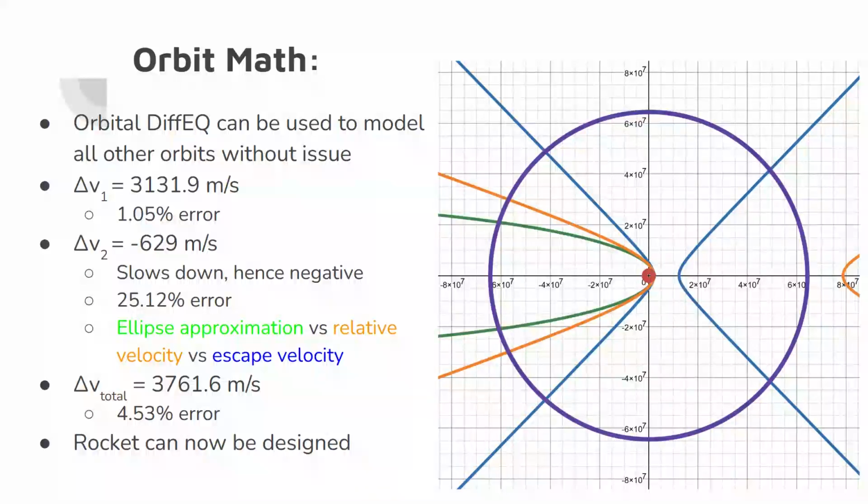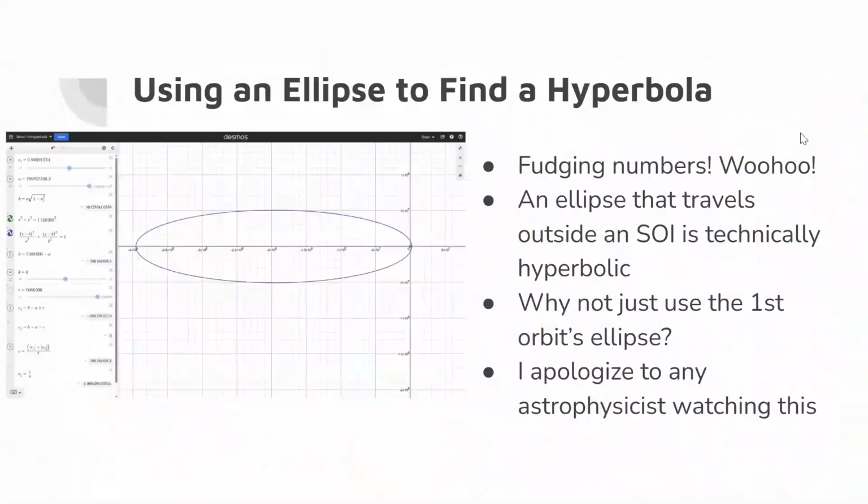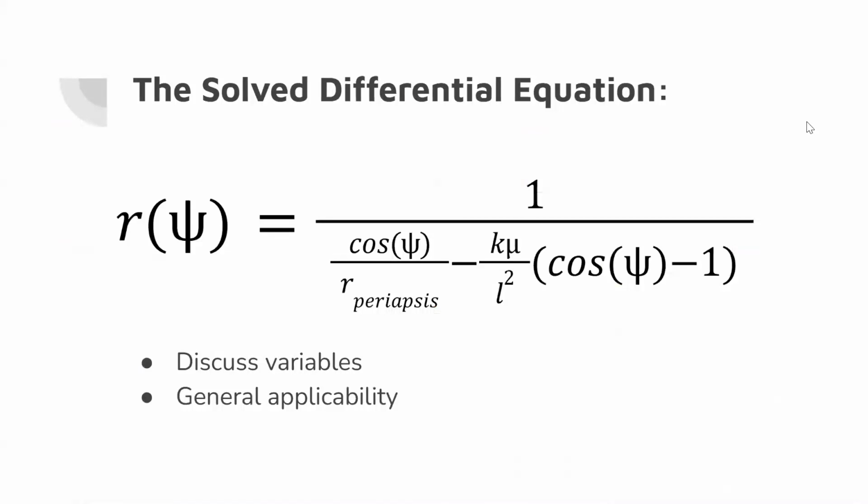So would this work on different planets and different moons? Yeah. So the orbit equation here, as I said earlier, as long as I know the lowest point of the orbit, the mass of the spacecraft and the body I'm around, and the angular momentum, I can basically get any orbit around any body in a two-body system.